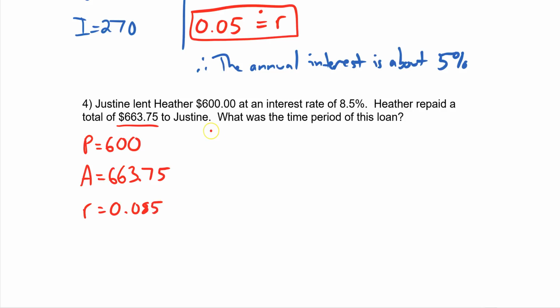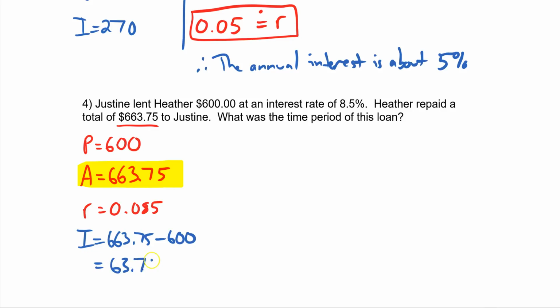Well, here's the thing. I now have 2 unknown values in my equation because I don't know I, the interest, and I don't know T, the time. Well, we can actually use this value right here to figure out the amount of interest. So the amount of interest is that 663.75 minus the principal that was originally borrowed.